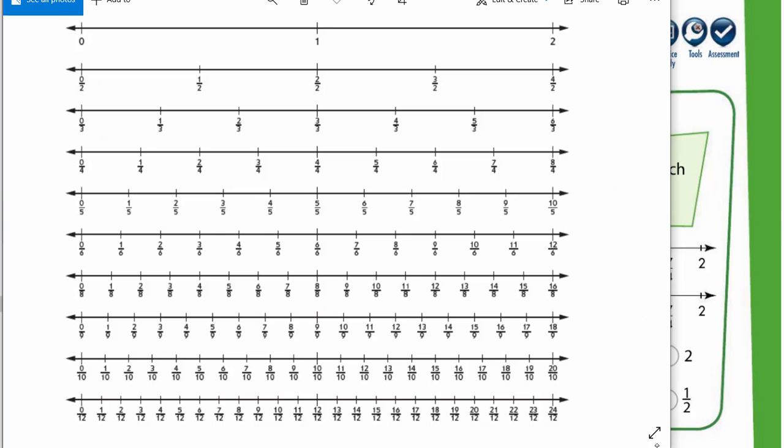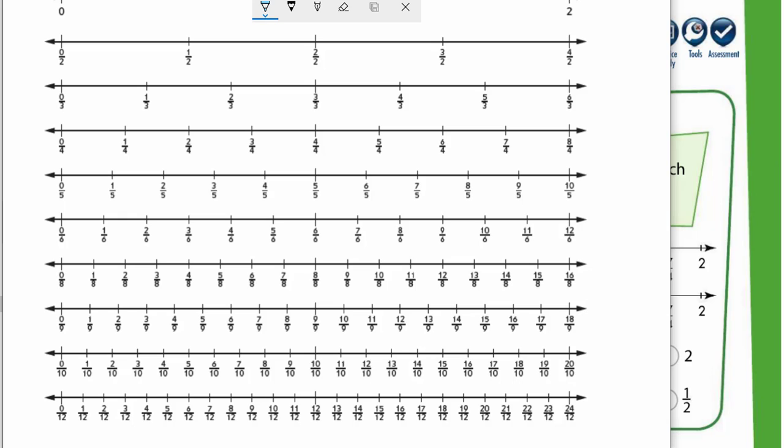The first fraction is 4/10. Okay, this is 4/10 and 3/8. So find 3/8. Yes, this one. Okay, let's take them one by one.